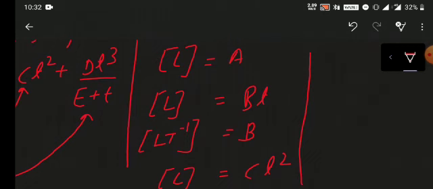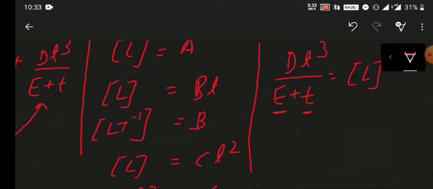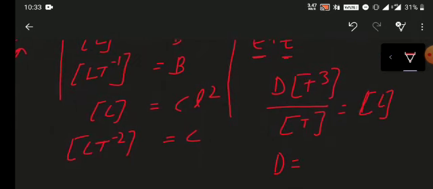Now the next term is dt cube upon e plus t, and this is a very important form. We know that dt cube upon e plus t is equal to L. Now e has the same dimension as time, so dt cube upon t is equal to L. So d has the dimension of L T minus 2.